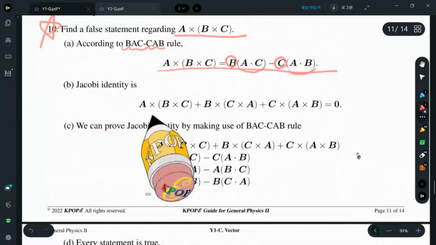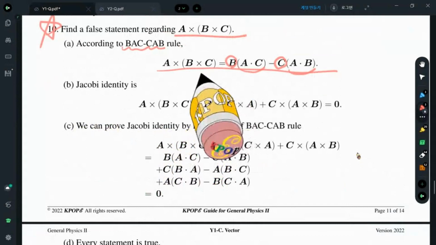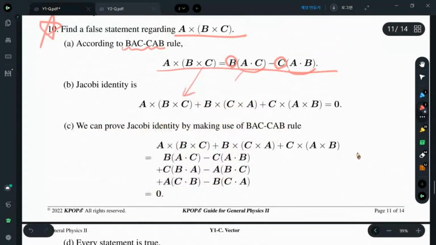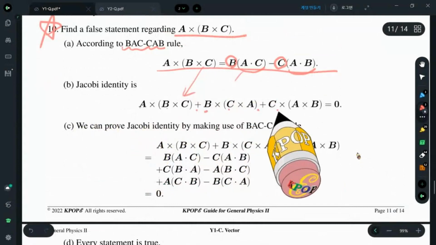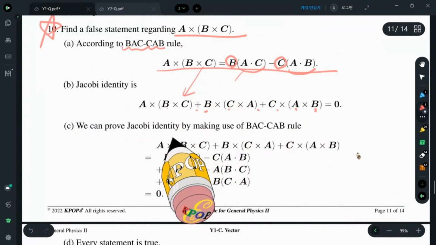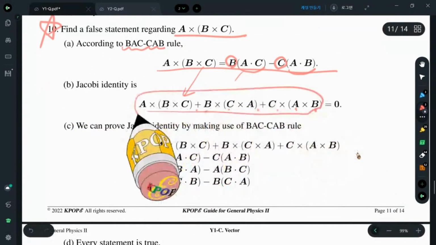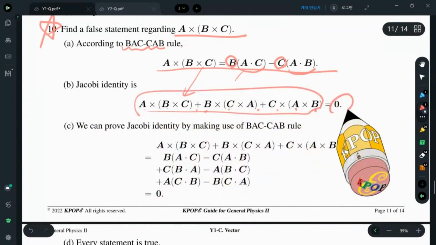We have the Jacobi identity. Jacobi identity is just copy this one: ABC, BCA, CAB, cyclic. Although the sum looks complicated, the sum is 0.